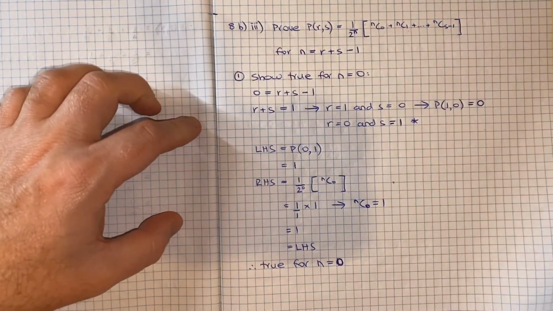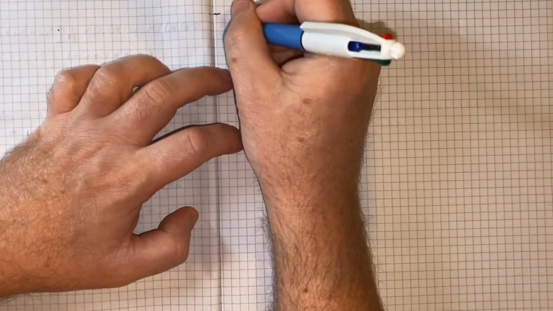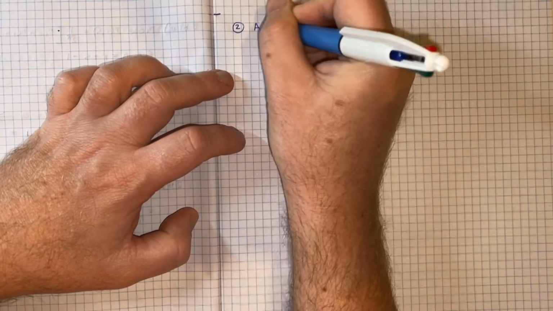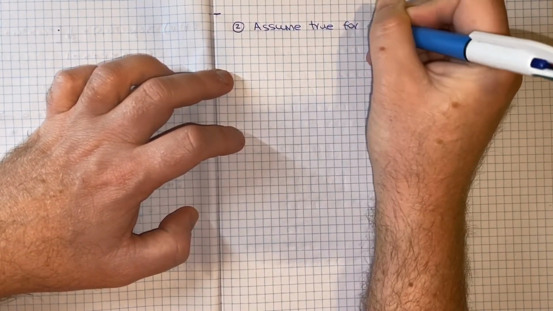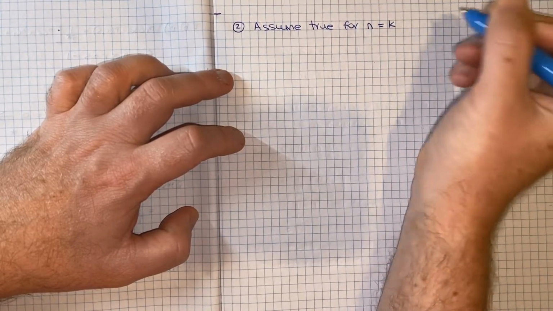So I might just turn over and we'll do step 2 of the induction, which is to assume true for n is equal to some integer k.